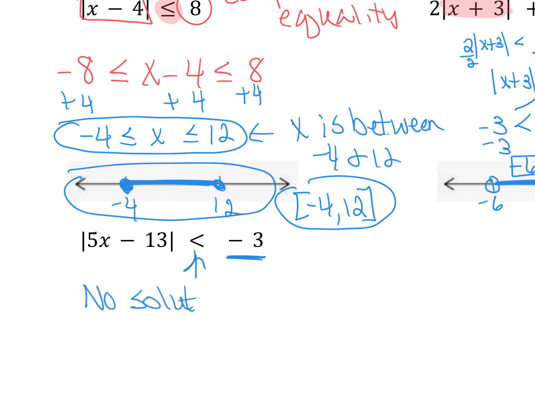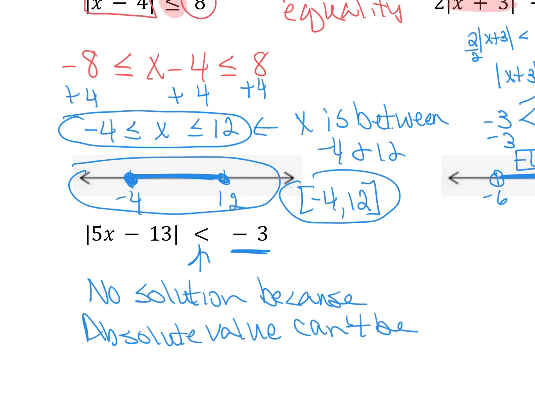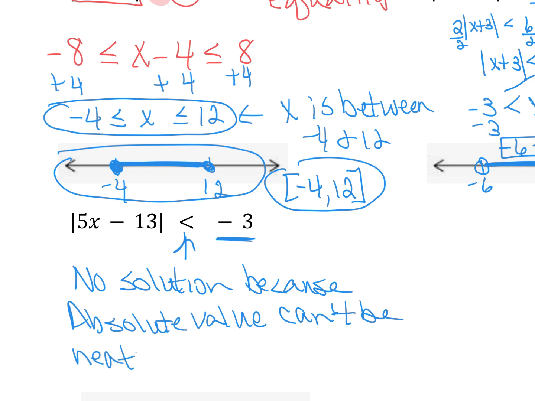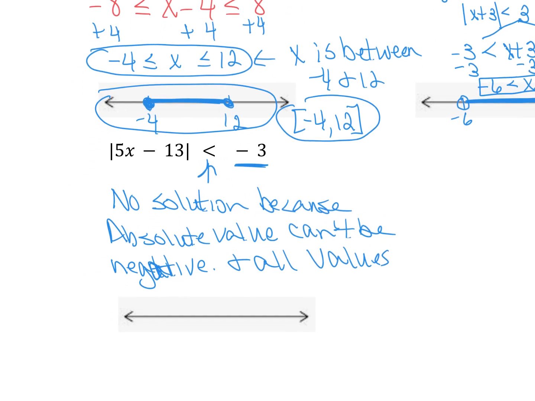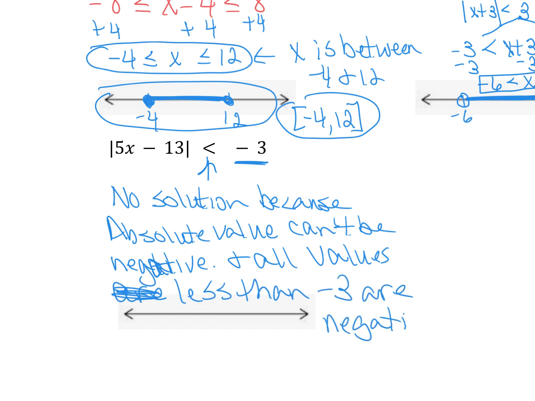That is because absolute value can't be negative, and all values less than -3 are also negative. So in this case, there is no solution.